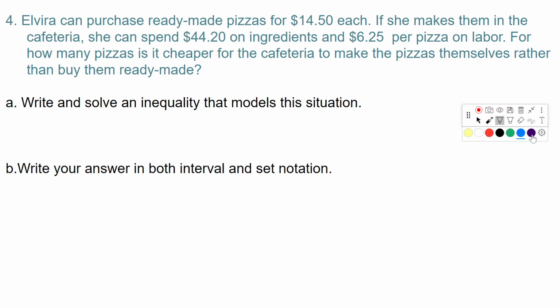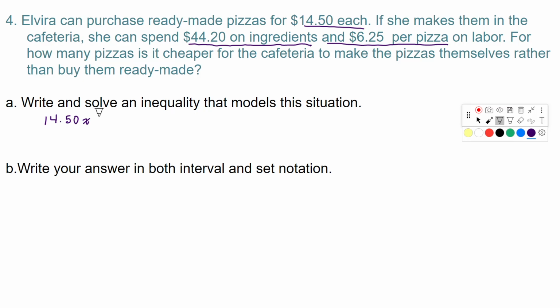Elvira can order ready-made pizzas for $4.50 each. She can make them by spending $44.20 on ingredients and $6.25 per pizza on labor. For how many pizzas is it cheaper for the cafeteria to make pizzas themselves rather than make them ready-made? So the ready-made was $4.50 each, so that's going to be 4.50x.